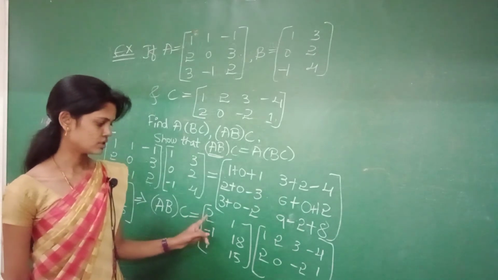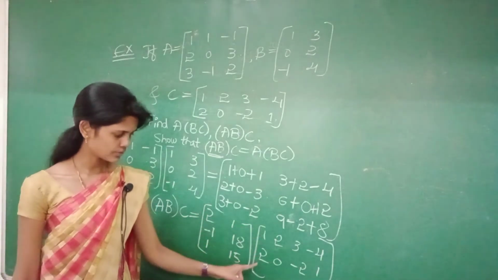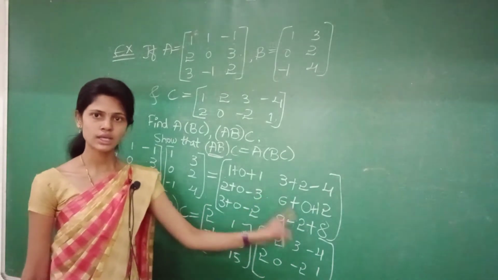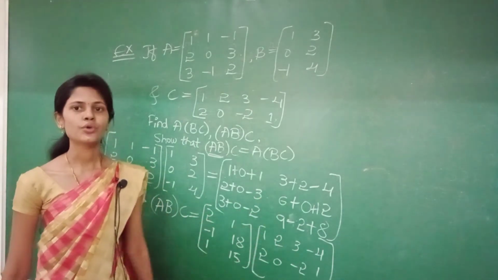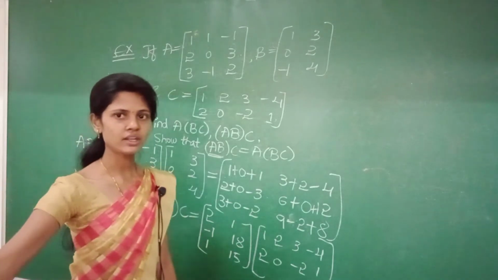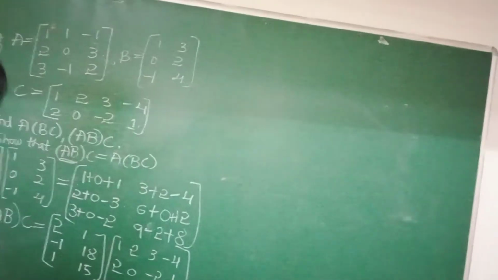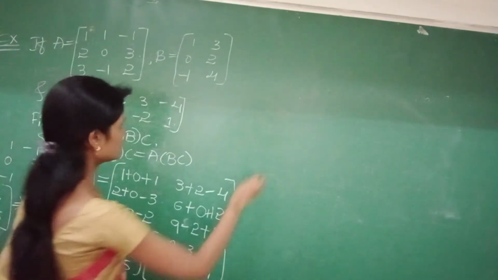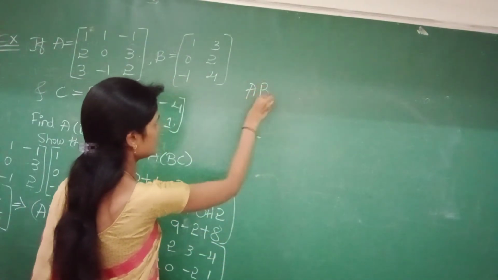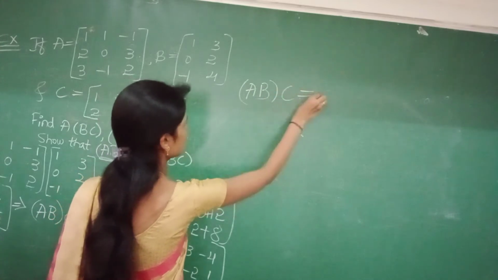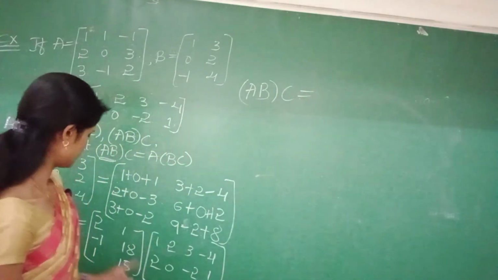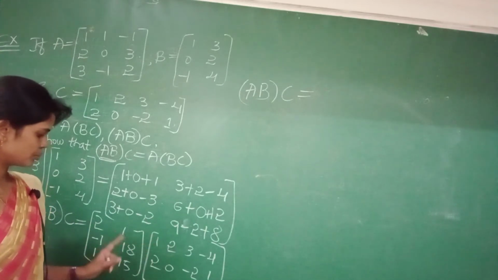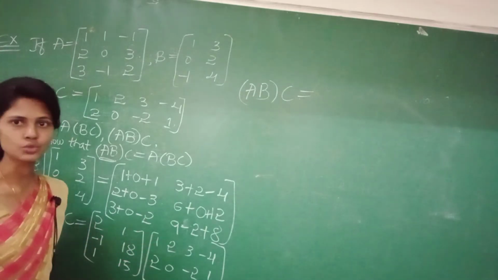So like this, first row, first column, first row, second column, first row, third column, and first row, fourth column. So go on writing the values of the matrix. See here, AB into C is equals to 2 into 1 it is 2 plus 1 into 2 it is 2.